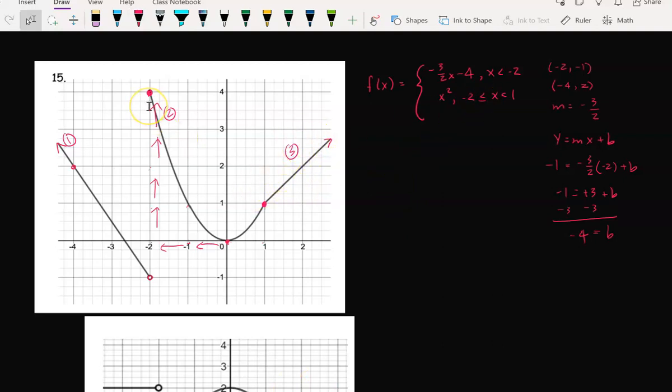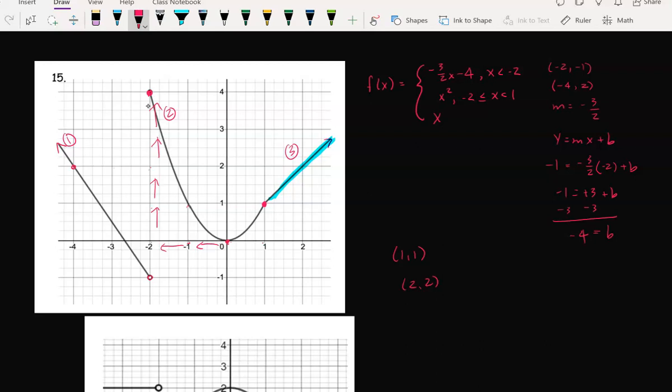Why not? Okay, and then let's go ahead and figure out this line right here. You see 1, 1, and 2, 2. Nice slope there. And if I go down 1 to the left 1, ha! It's going to have a y-intercept of 0.